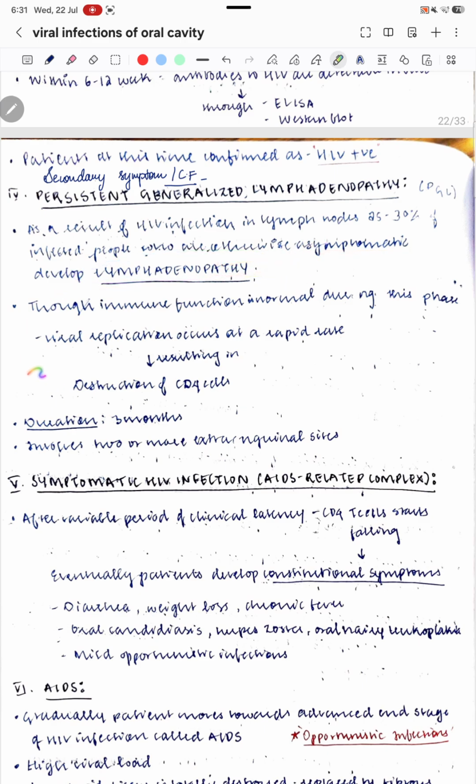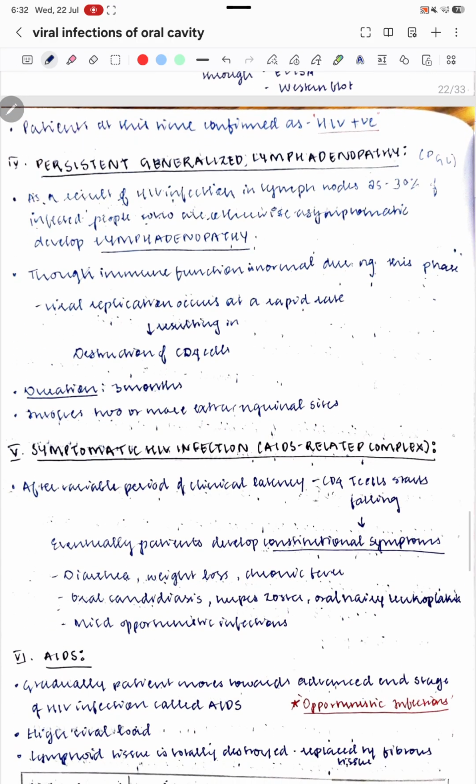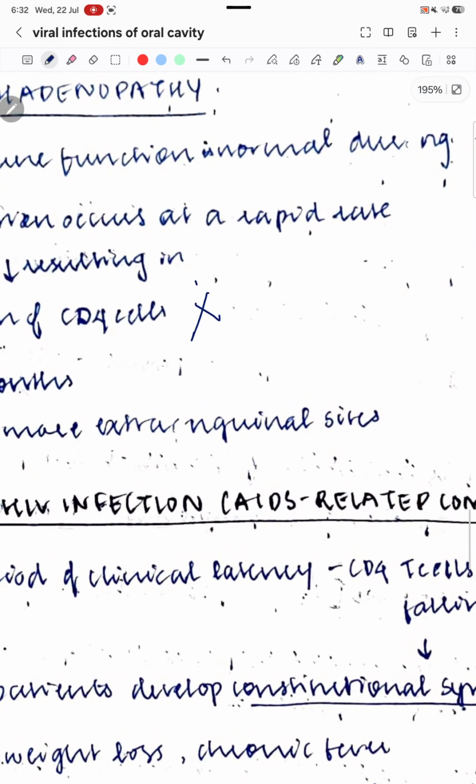Usually the latency symptoms are not very pronounced, but you can see lymphadenopathy. So basically this is your resting phase, that is your latency period. In the latency period, the only thing you can exclusively see is lymphadenopathy.